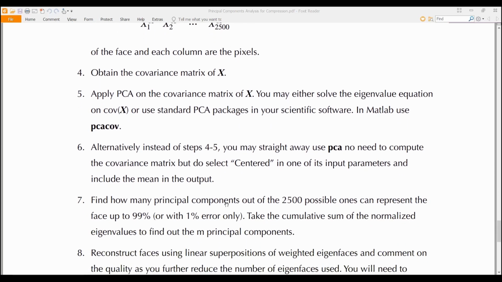And then find how many principal components out of 2,500 possible ones, because in general, the number of eigenvectors that you can get is equivalent to the size of your original vector, which in this case, if each pixel is a component of a vector, then we have 2,500 components. So technically, kung gaano kahaba yung components mo, yun din yung dami ng posibleng eigenvectors na makuha mo, guys. Pero hindi lahat ng 2,500 na yon is useful.